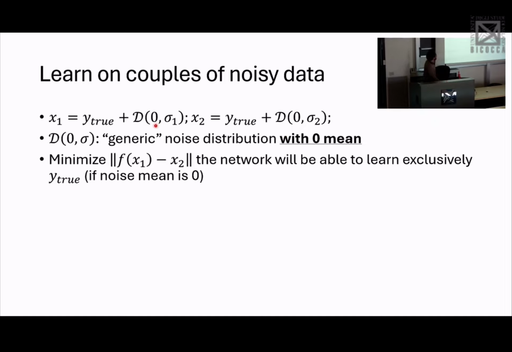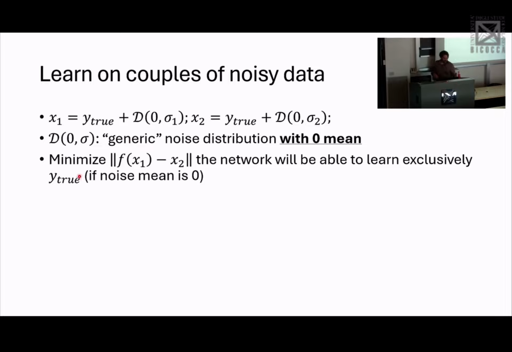Now, I've used two different sigmas here, and I've used the letter D instead of the letter N I used for normal noise. Let's say this is a generic noise distribution with even different levels of noise in the two images, with the property of having zero mean, however.